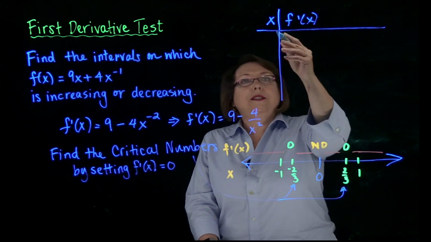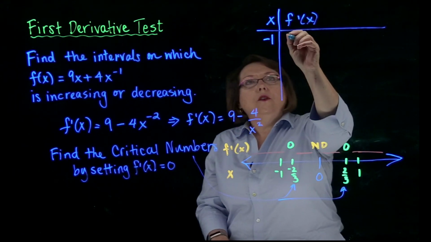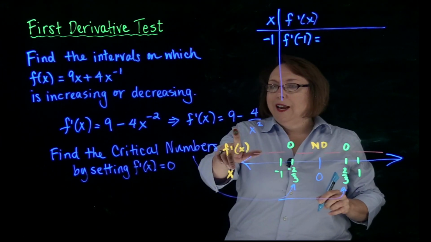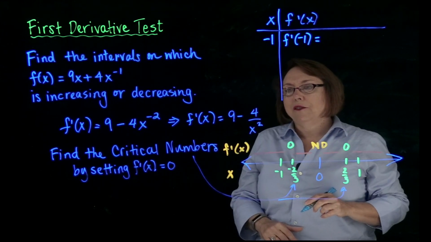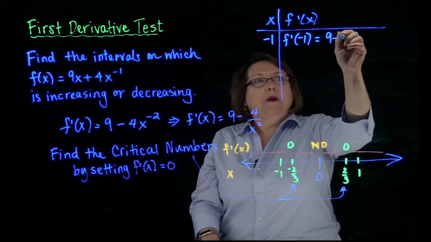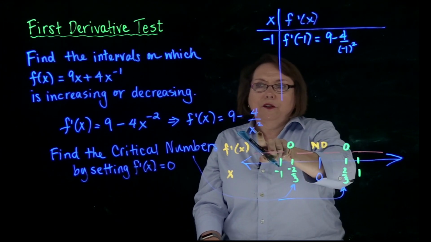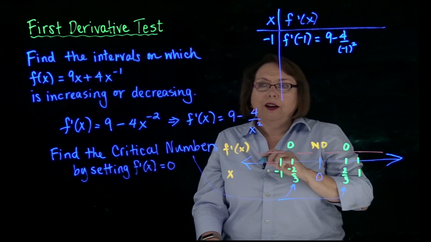So -1 is a nice convenient number I can choose for x, and I can calculate f prime of -1, replacing my x value here in my first derivative. So 9 minus 4 divided by -1 squared, because our rule says it's 9 minus 4 over x squared.